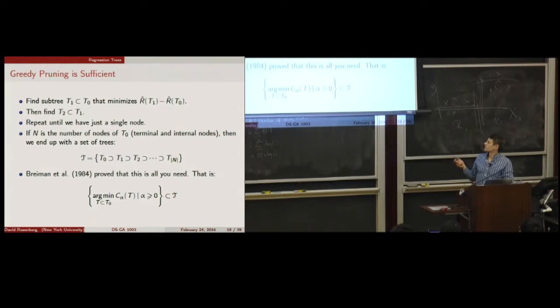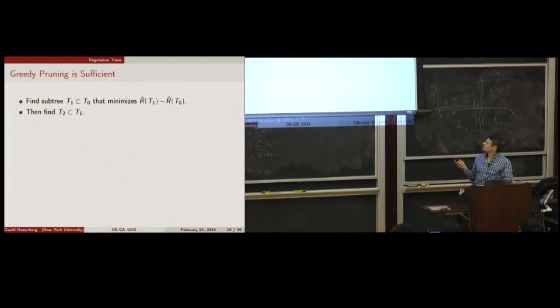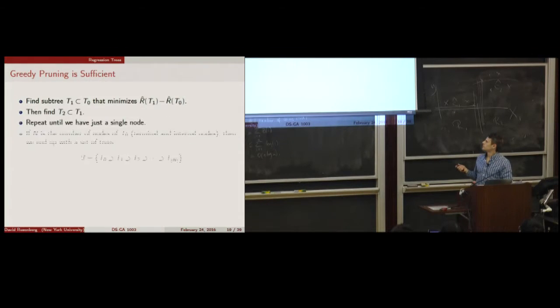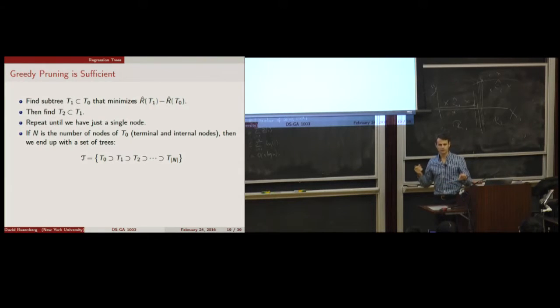So this justifies the approach of penalizing with how many nodes you have. Let's just do alpha times the number of nodes, and try out different alphas. That's equivalent to doing this greedy pruning of nodes and choosing the one that works best, which is the same as choosing the alpha that gives the best performance on validation.